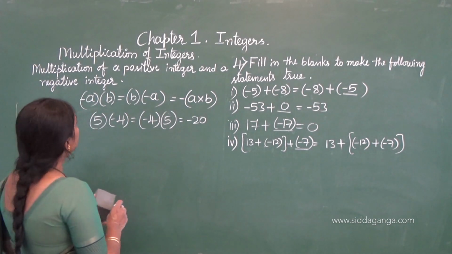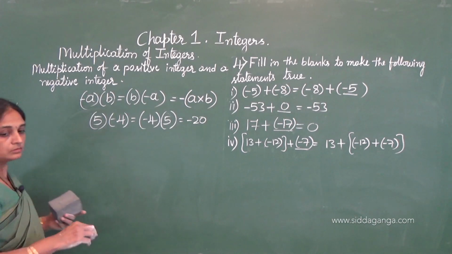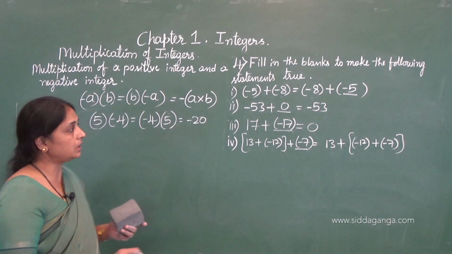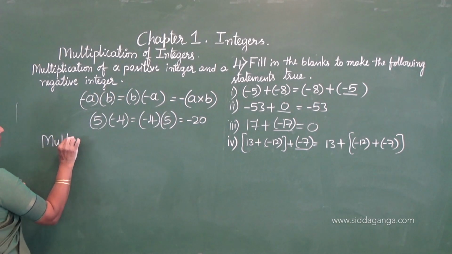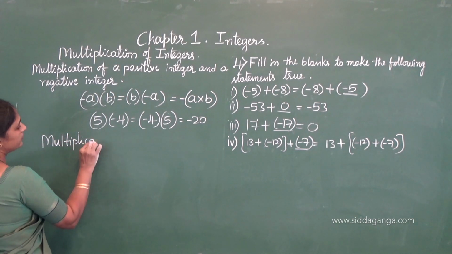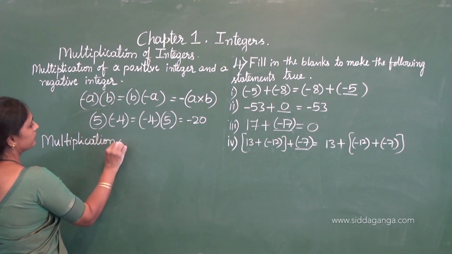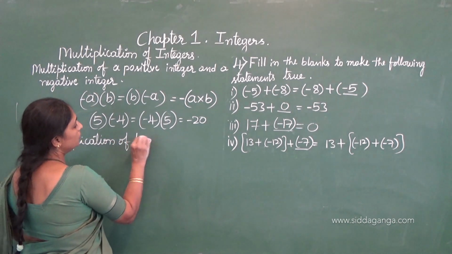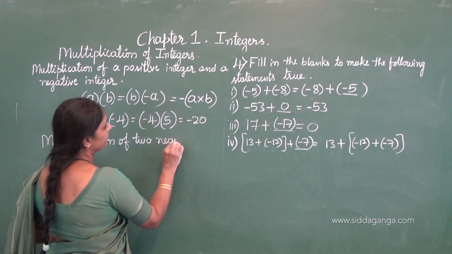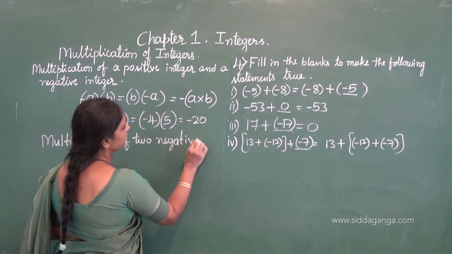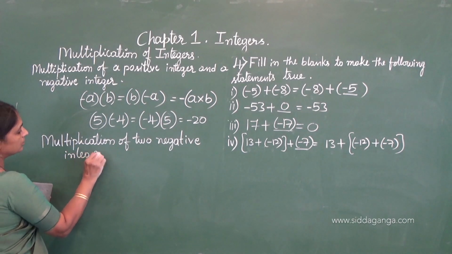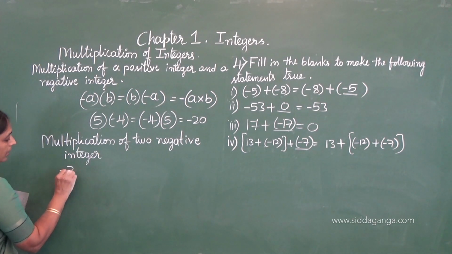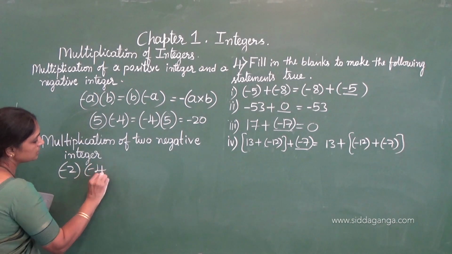Okay, multiplication of two negative integers. What we get here? Let's consider minus 2 into minus 4.